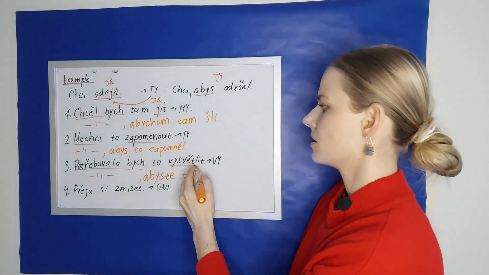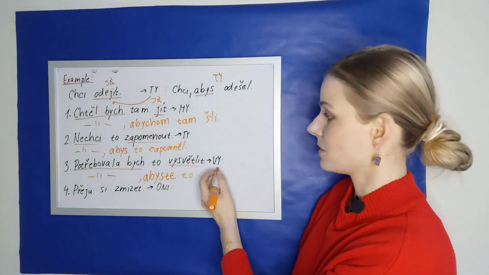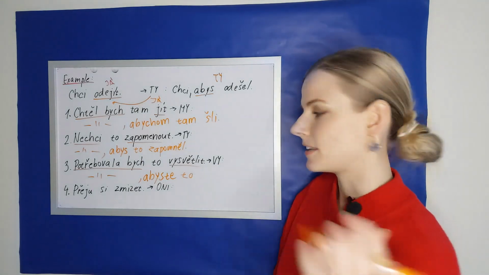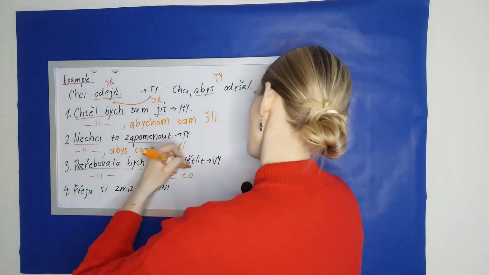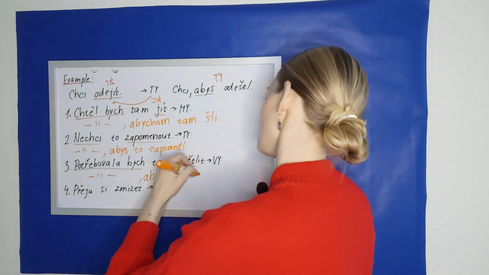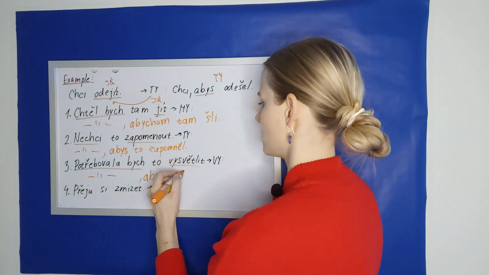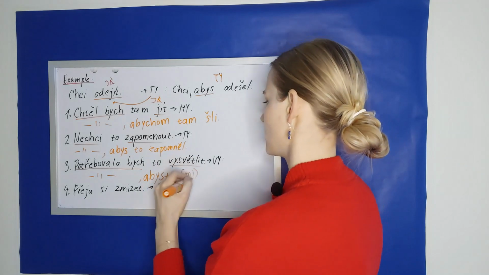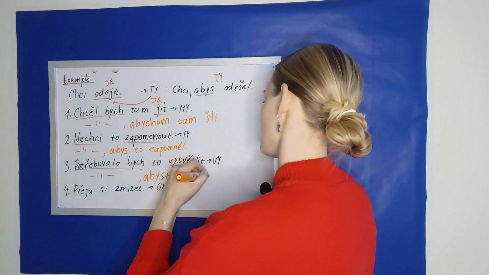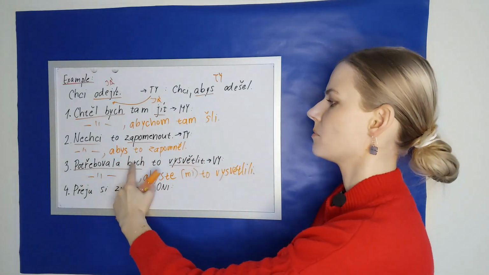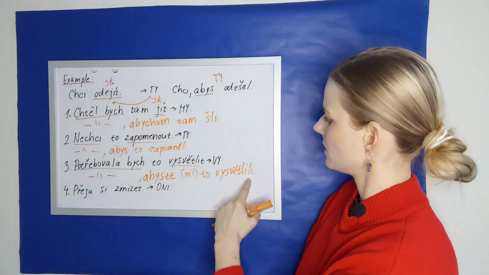And then we say vysvětlit for vy in past tense. Vysvětlili. Potřebovala bych, abyste to vysvětlili, or eventually I can also add, abyste mi to vysvětlili. I can also add, explain it to me. Potřebovala bych, abyste mi to vysvětlili.